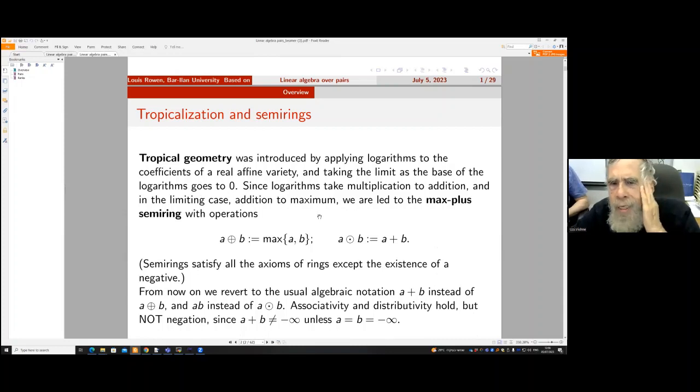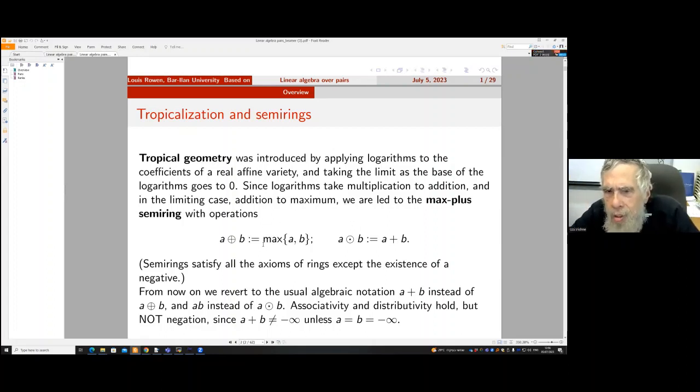Tropicalization was a very successful tool of studying real affine geometry by taking the logarithms of the coefficients and then letting the base of the logarithms approach zero.